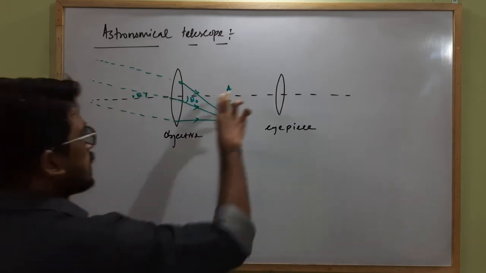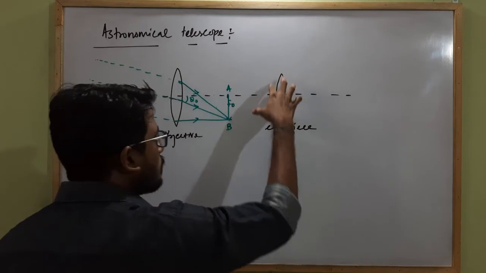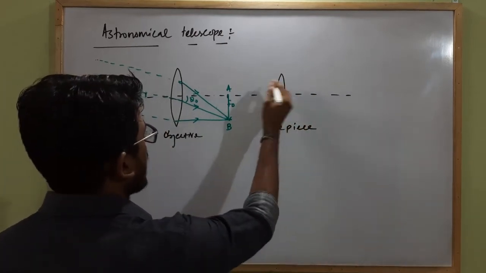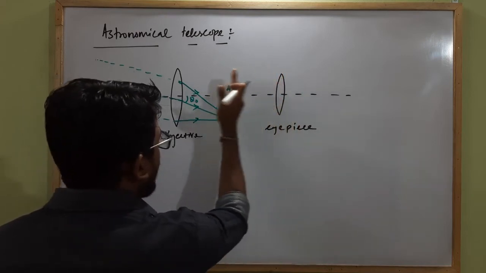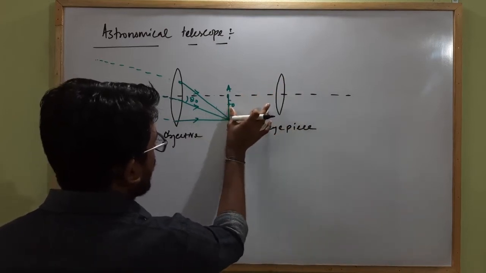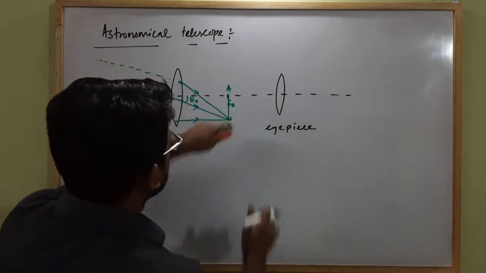This image of the far object will act as an object for the eyepiece, and we have to adjust the eyepiece in such a way that the image formed by the objective lies within its focal length.